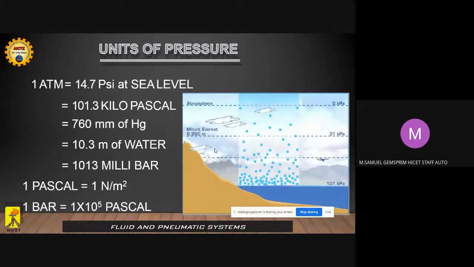Then, as I told you, the atmospheric pressure, from absolute zero to the omnipresent atmospheric pressure value, is at sea level 14.7 psi. Just for example, if the tire pressure in my bike is 30 psi, that is the gauge pressure, but the absolute pressure is 14.7 plus 30, so in total 44.7 psi.